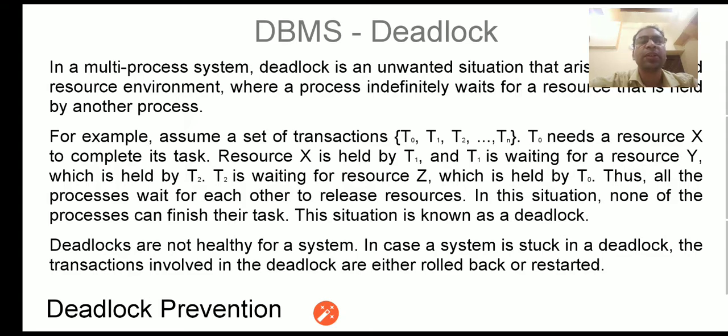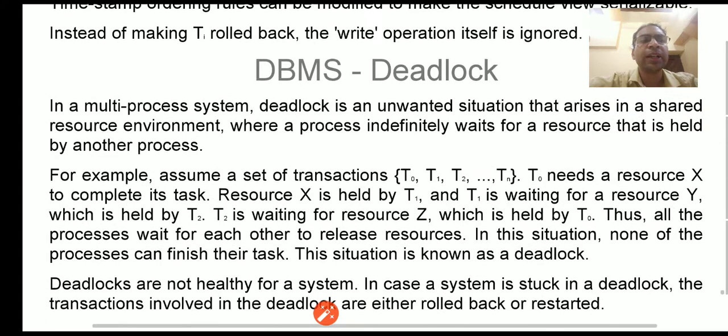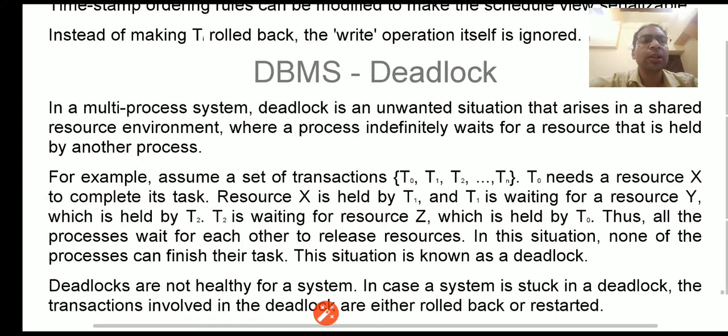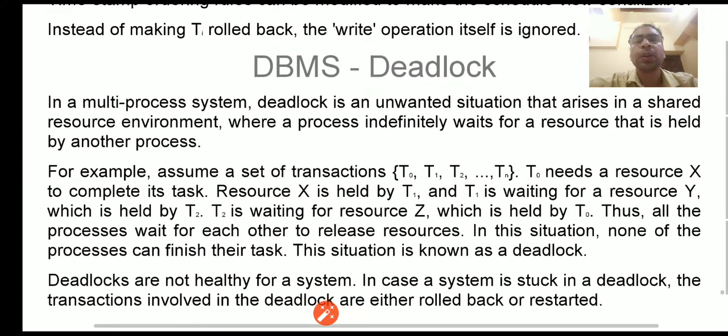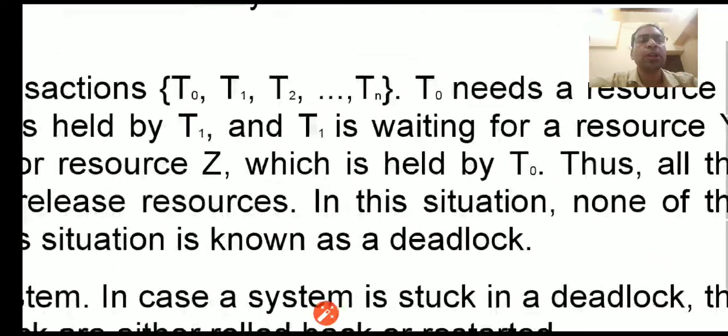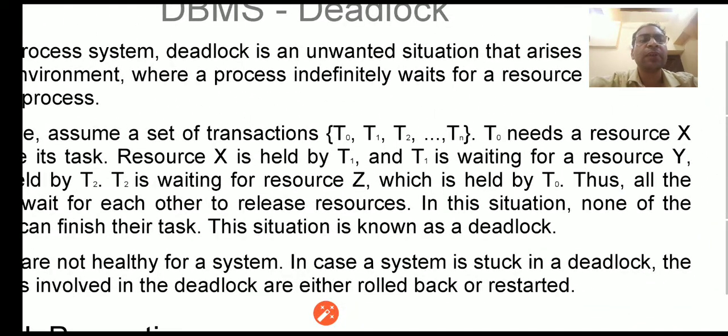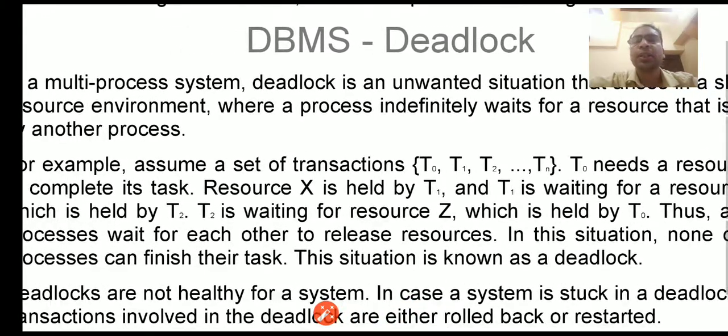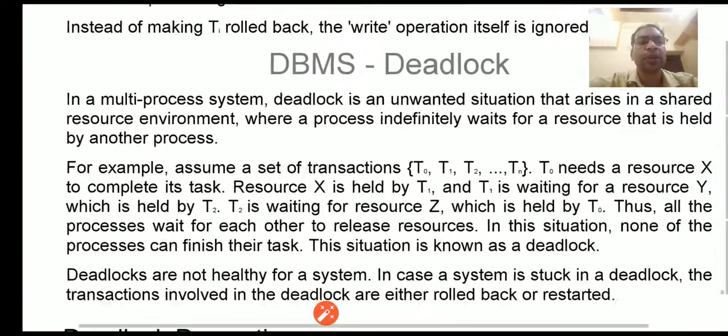This is the deadlock situation where no process can execute. Similarly, in a database management system, in a multi-process system, a deadlock is an unwanted situation that arises in a shared resource environment when a process indefinitely waits for a resource that is held by another process.